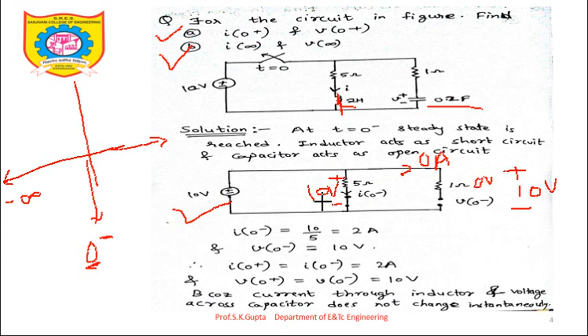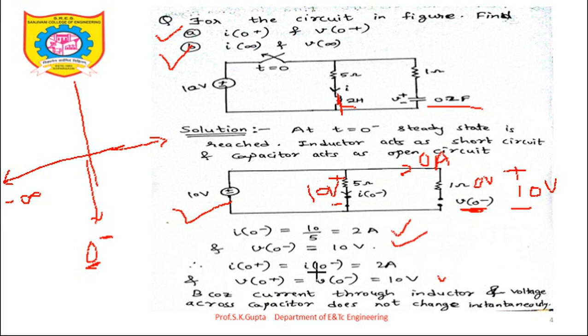As 10 volt is the voltage and 5 ohm is the resistance, the current value will be 10 upon 5, 2 ampere, and 10 volt is also there at this terminal. Here the voltage is 0, so the total 10 volt will appear across this open circuited capacitor. So V of 0 minus is 10 volt.